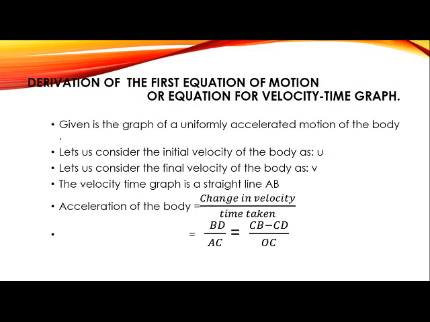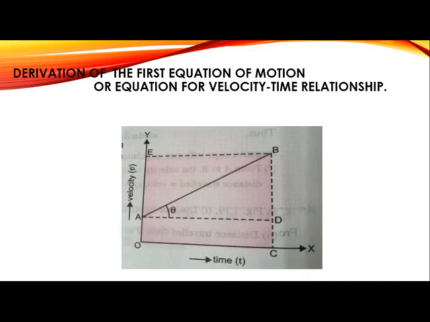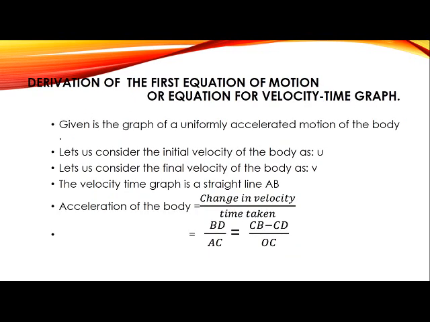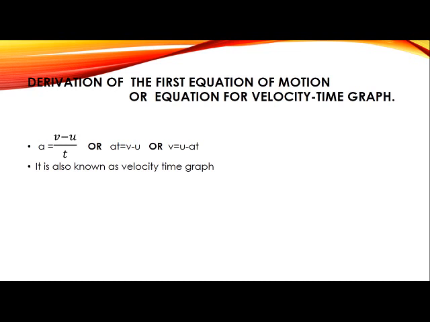So how do we find it? We find it by subtracting CB minus OA. So it happens to be a is equal to v minus u upon t, or this equation can also be written as at is equal to v minus u, or it can also be written as v is equal to u plus at, and it is also known as the velocity time relationship.